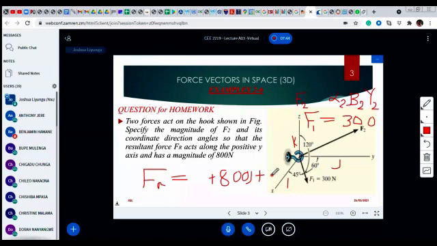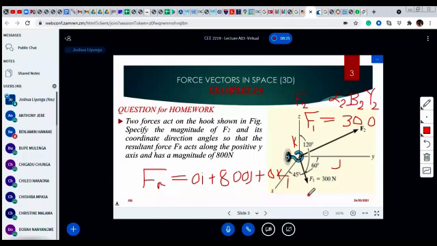Of course, if the 800 is along the y-axis, this simply means the I component and the K component are zeros: 0I and 0K. So I have already the FR, the magnitude, in Cartesian notation.